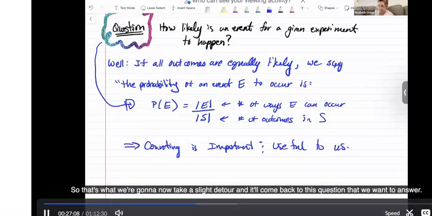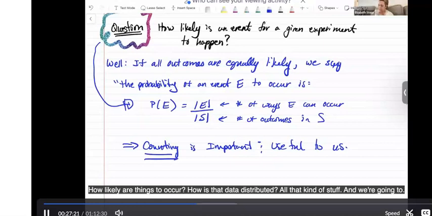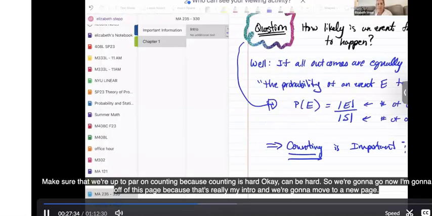So that's where we're going to now take a slight detour, and we'll come back to this question that we want to answer: how likely are things to occur? How is that data distributed? All that kind of stuff. And we're going to make sure that we're up to par on counting, because counting can be hard. So we're going to go now. I'm going to come off of this page because that's really my intro.